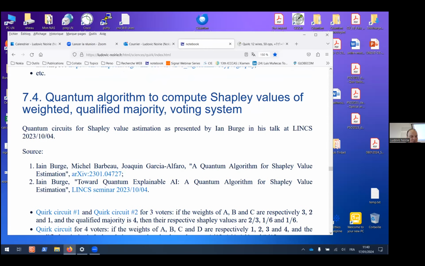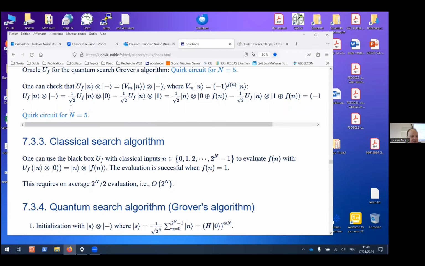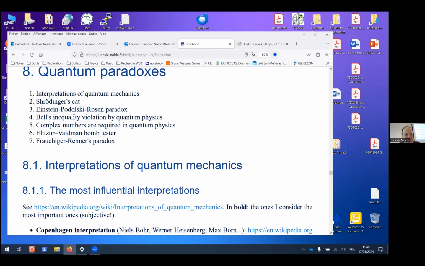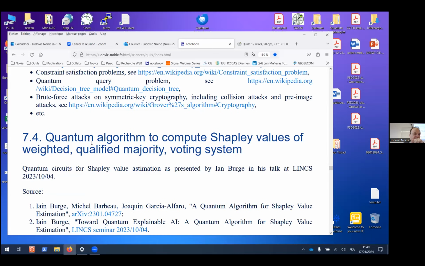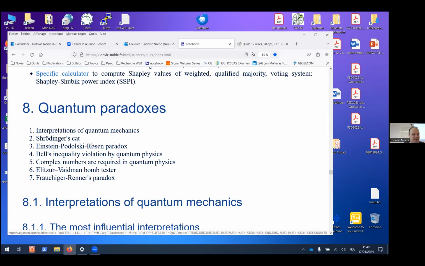I hoped that I could present a few things in section 7, but I did not have time. So I will present sections 7 and 8, but not all of it, because I will not have time. But I will present some parts of sections 7 and 8 next time.